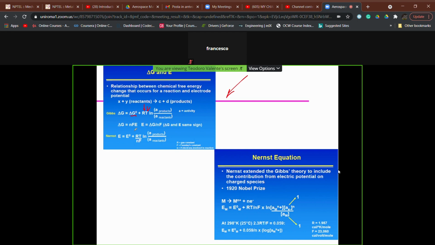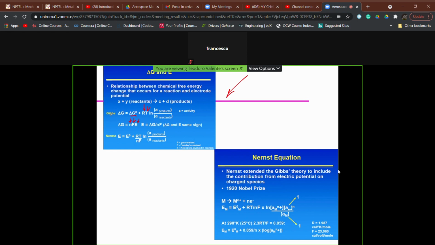And this can also be written by remembering the Faraday constant, F, the number of electrons which are exchanged during the chemical reaction, and the potential defined by the Nernst equation.